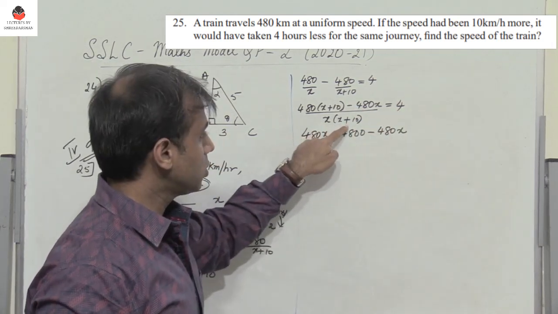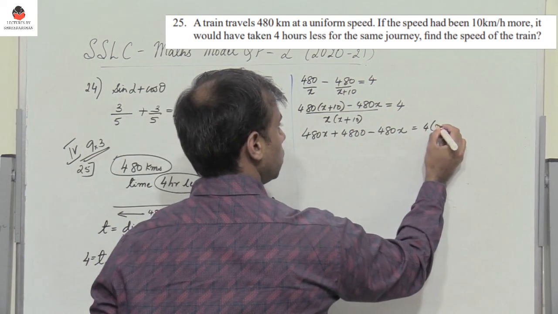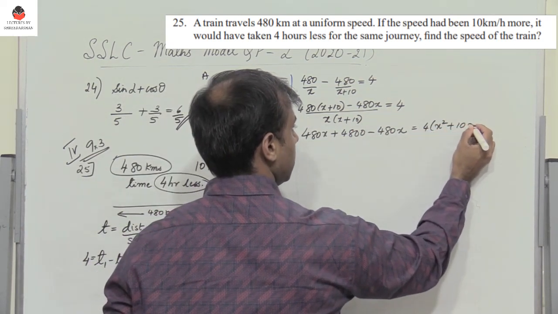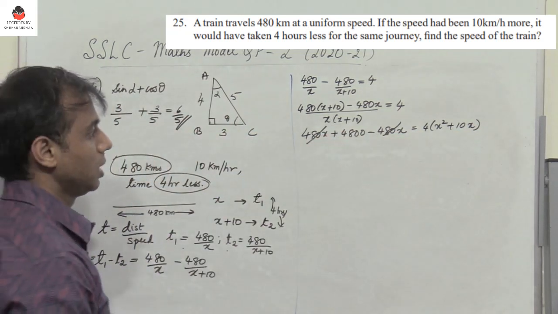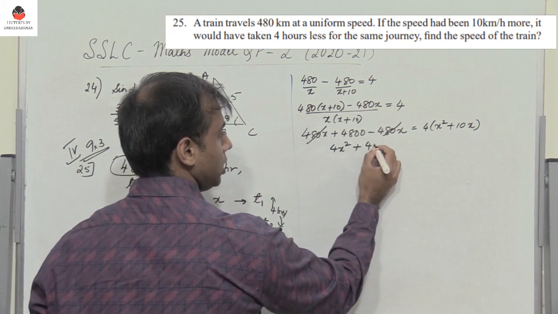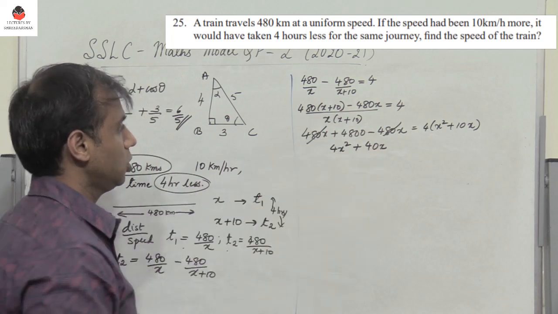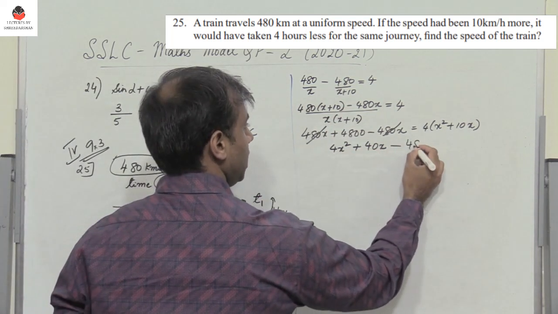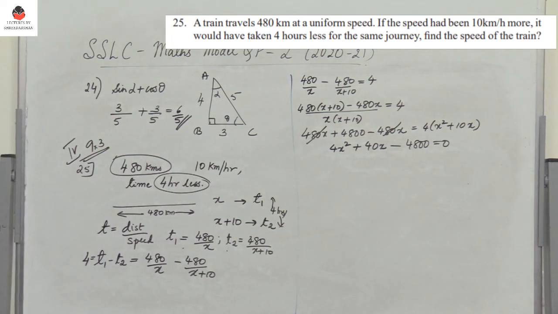So this would be x square plus 10x equals 4 into x square plus 10x. So 480x gets cancelled. So I have 4x square minus 40x. I'll take 4800 to the other side, so it becomes minus 4800 equals 0. So this is the equation which I have to solve.